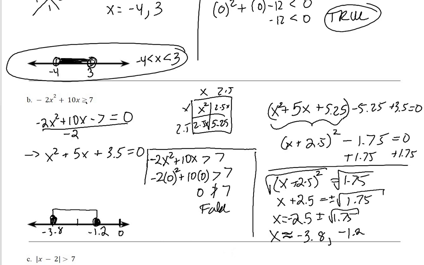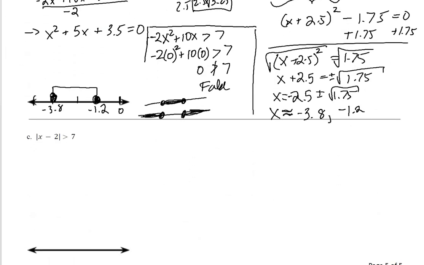Now you could pick points on either side of each of them, and that's what our instructions tell us to do, but logically, if you know that the solution is either going to be like this or like this, you really only need to pick one point to check that. And frankly, if I'm doing this in my head, and I'm doing this on my own, I always pick 0. It's the easiest thing to plug in.